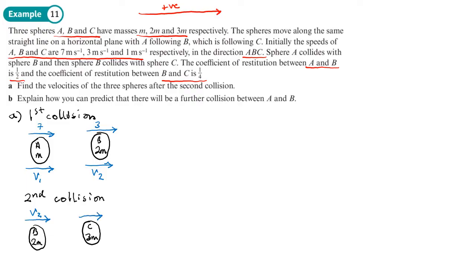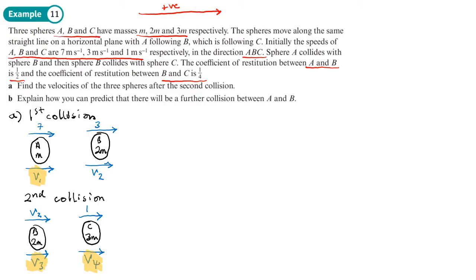C is going to be travelling at speed 1, and we want to find the speeds after these collisions, which I'll call V3 and V4. Once we've found the speed of A, that will be its final speed because it doesn't collide again. But we want these two as well. So we actually want V1, V3 and V4.